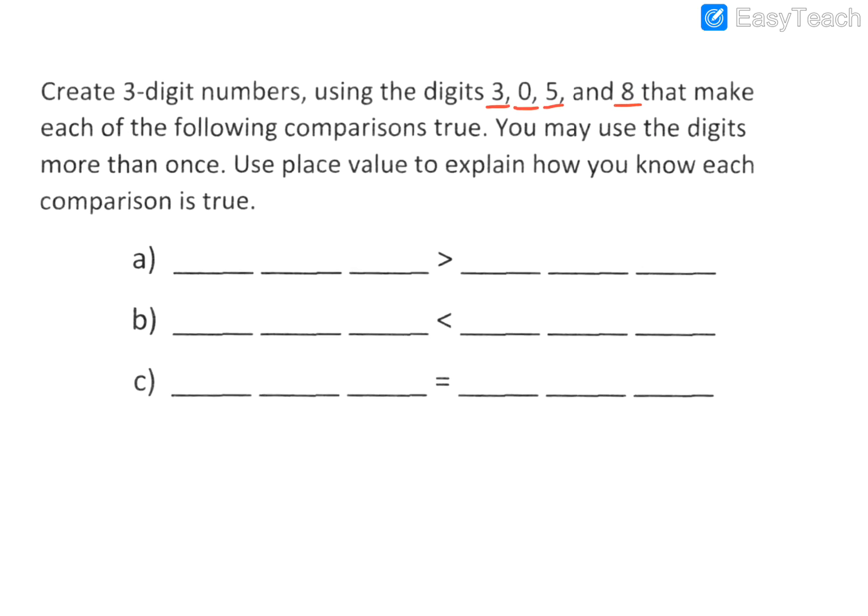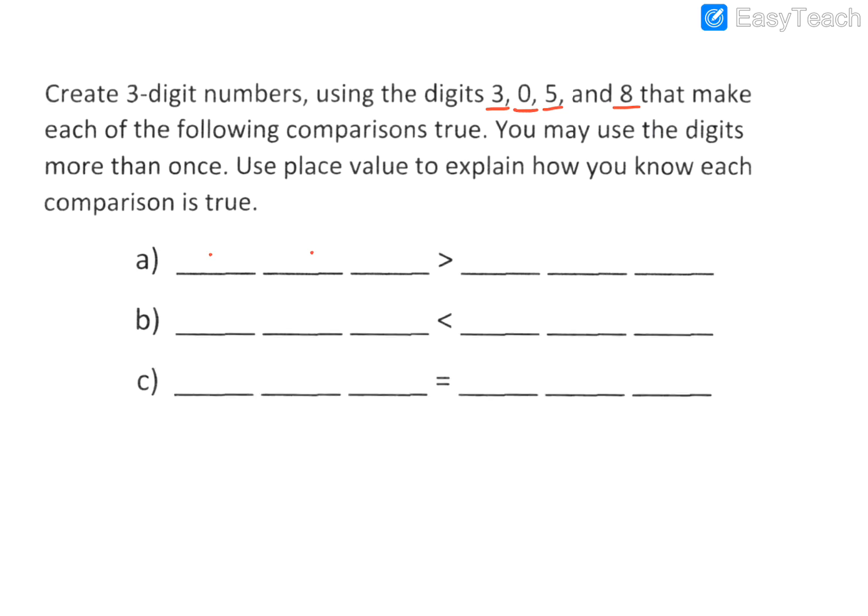So for A, I'm going to put a number here, a number here, a number here. And this number has got to be greater than or bigger than whatever number I put here, here, and here. Now the tricky part, you have to be paying attention, is that you can only use these numbers right here at the top. 3, 0, 5, and 8.